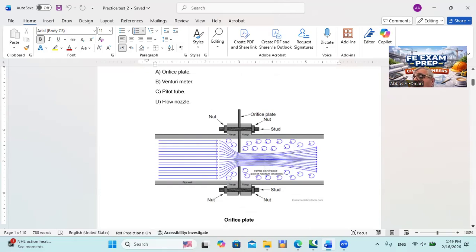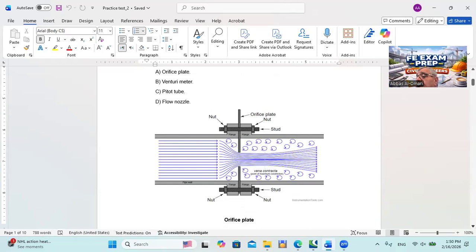If we apply the energy equation upstream, where the diameter is full, and at the orifice, we need to conserve P over gamma plus Z plus V square over 2g.